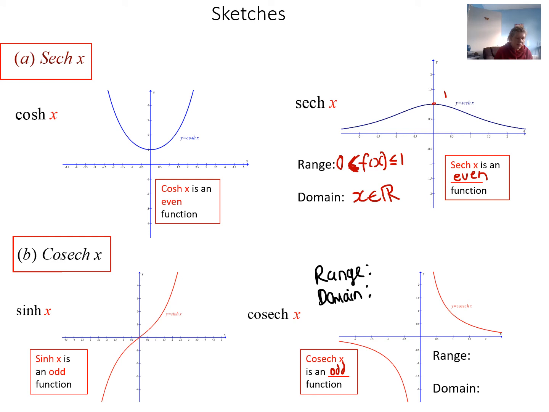It can't, can it? There's something it can't be. It can't be 0. So it can be anything but 0. So we can write that in various ways. You could put f of x is greater than 0 and f of x is less than 0. Or you could just put f of x belongs to the reals, except f of x cannot equal 0.